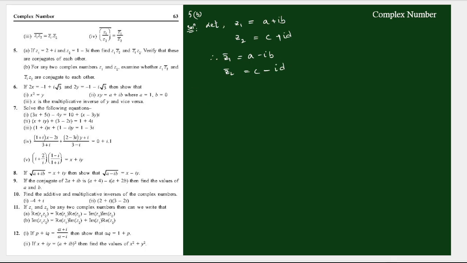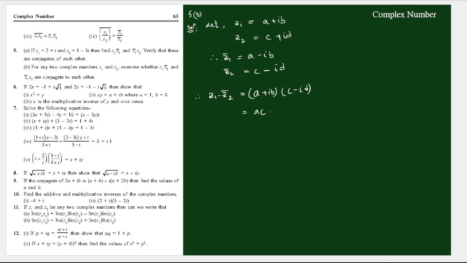Then accordingly we will proceed: z1 into z2 bar. So z1 will be a plus ib. z2 bar will be c minus id. Now you multiply a into c, how much?